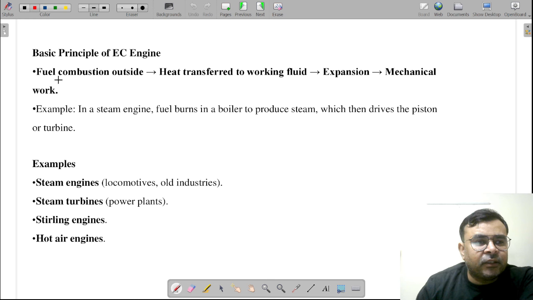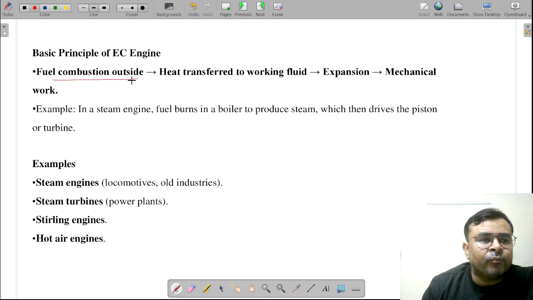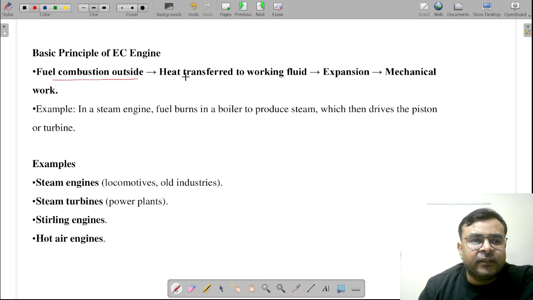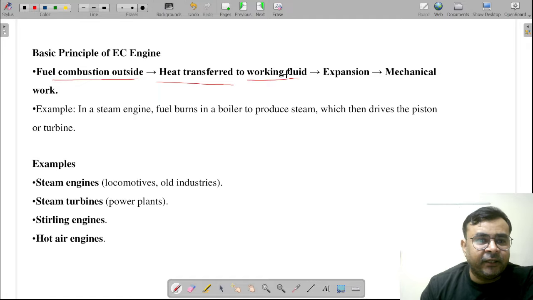And next, the basic principle again remains the same. In this, the fuel is burned outside the engine. Obviously the fuel combustion takes place outside the engine, and due to this heat will be generated, and this heat is transferred to another working fluid, that is water, which is converted into steam.